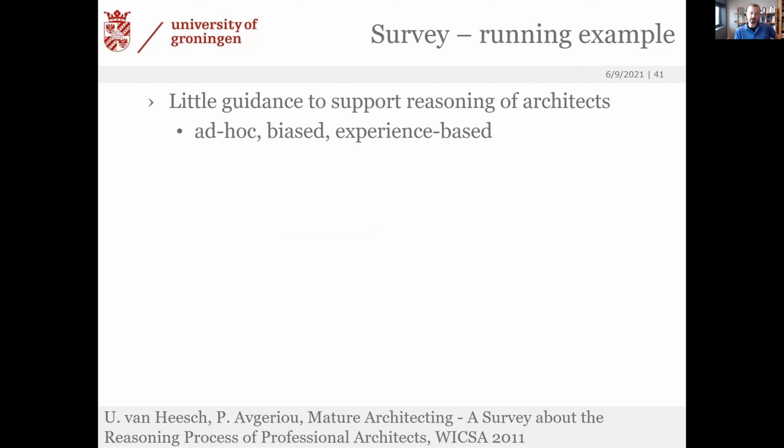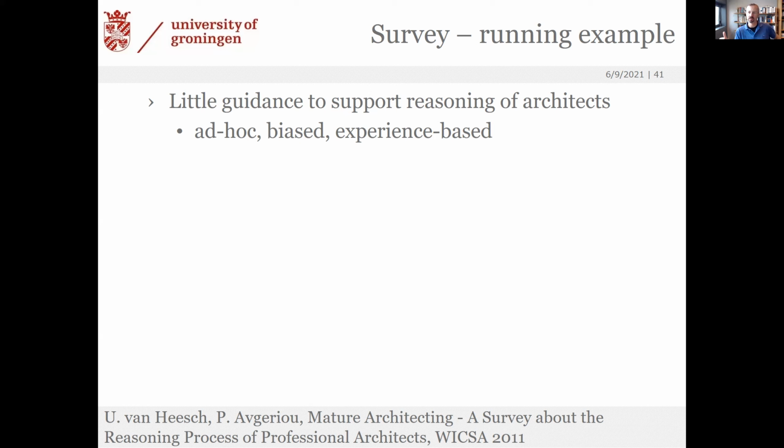The literature in this respect was telling us that architects really have very little guidance to support their reasoning process. Most of the time it's ad hoc, so they do it in their own way. A lot of the time it's biased. Human beings have a lot of biases, and of course architects are humans, so they tend to be quite biased.